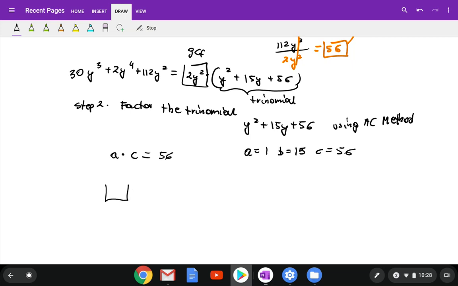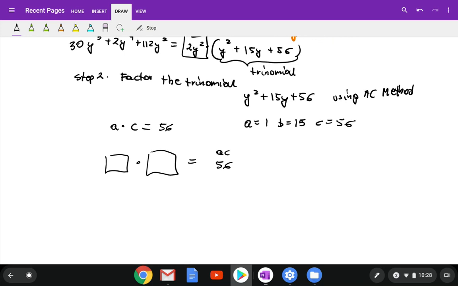Then find two integers which by multiplication give you a times c, which is 56, and by addition give you the coefficient b, which is 15. So we have to think about what's going to work. 8 and 7 will work. 8 times 7 is 56, and 8 plus 7 is 15.